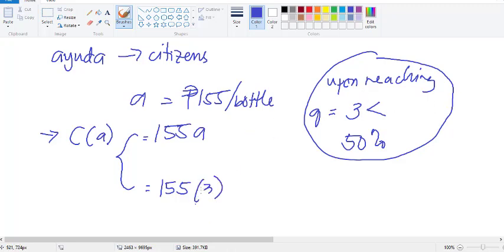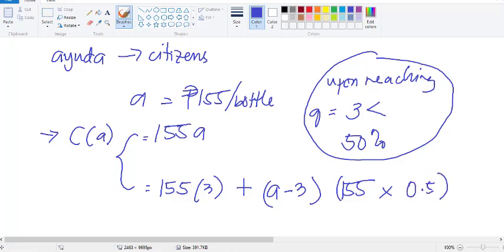So maglagay na tayo kaagad dito ng 155 times 3, kasi regardless, babayaran niya talaga yung first 3 bottles ng 155, right? So i-plus na lang natin ito. And whatever is the quantity, so yung A natin, minus 3, times 155 times 50%, which is 0.5. There you go.